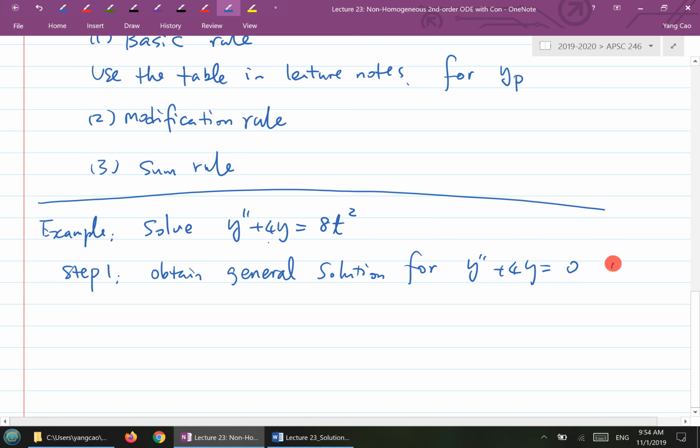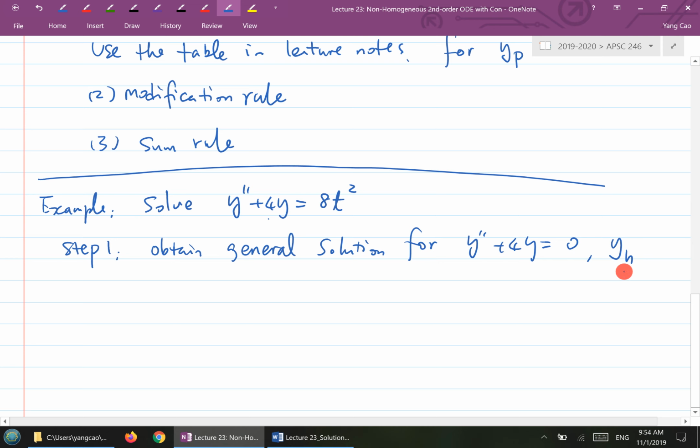We call it yh. That's the general solution for the homogeneous second order ODE, the homogeneous portion of the original one. And we have learned this. So how do you solve it? You form a characteristic equation from this second order ODE. Solve for lambda.